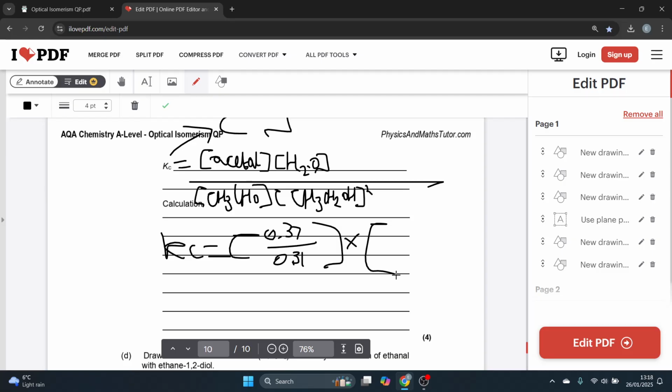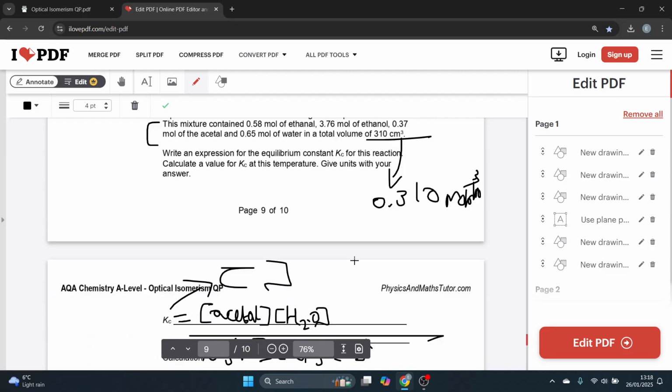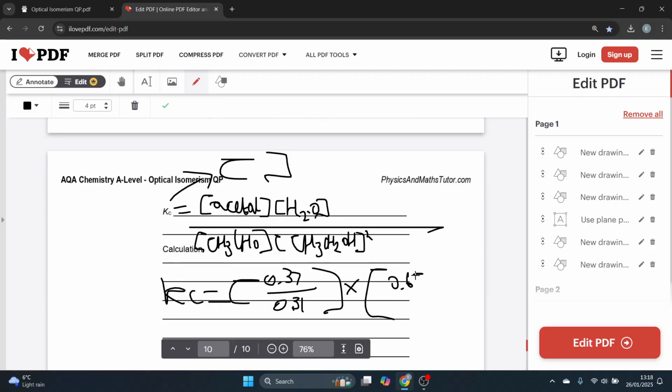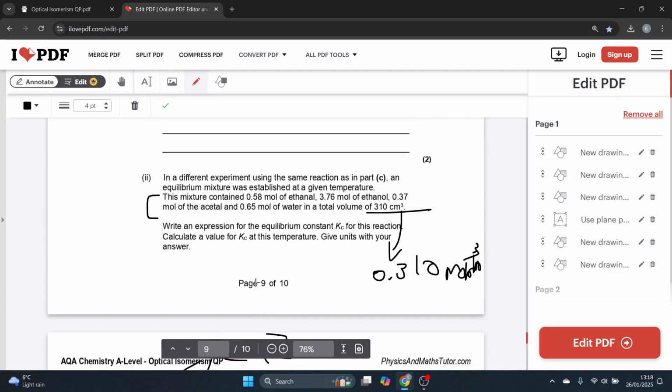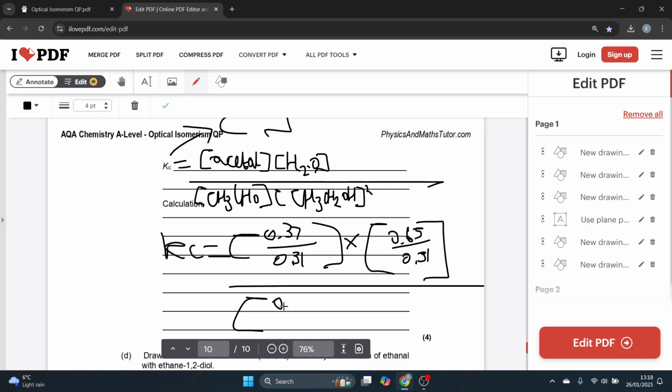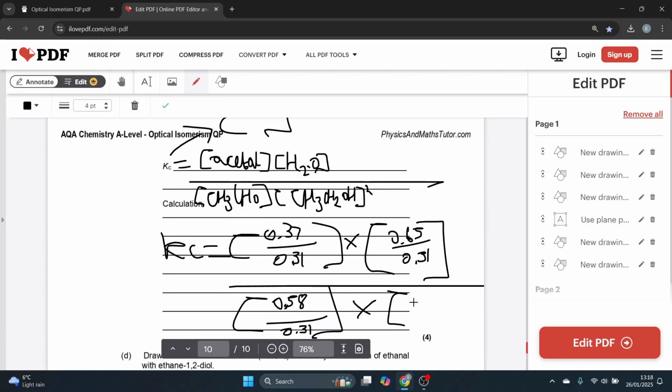times by H2O, water, 0.65 divided by 0.31, divided by CH3CHO, so that is the aldehyde, 0.58 divided by 0.31, times by OH, the alcohol, 3.76 of ethanol divided by 0.31.